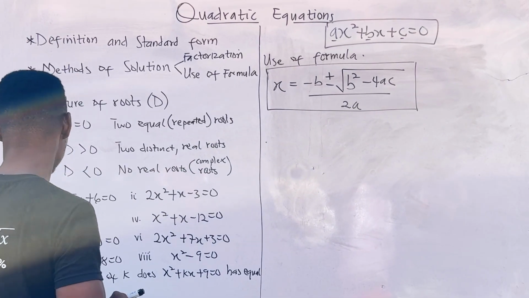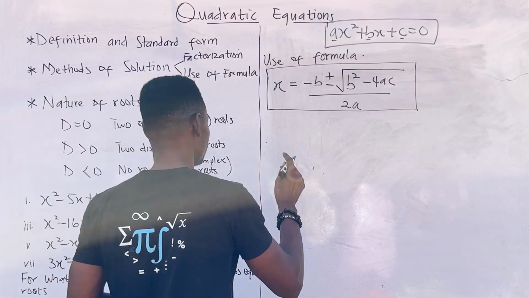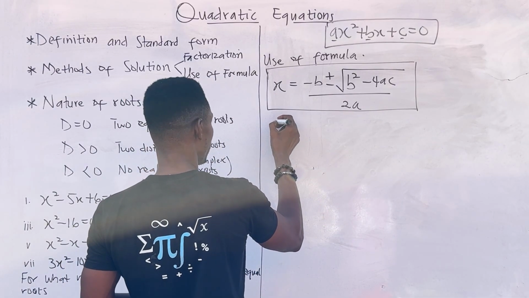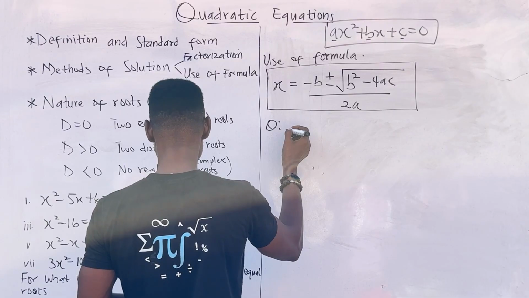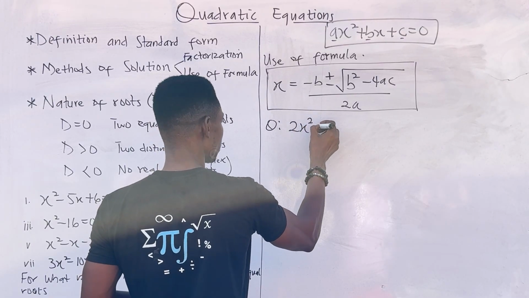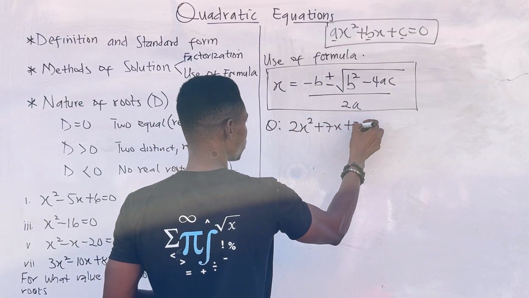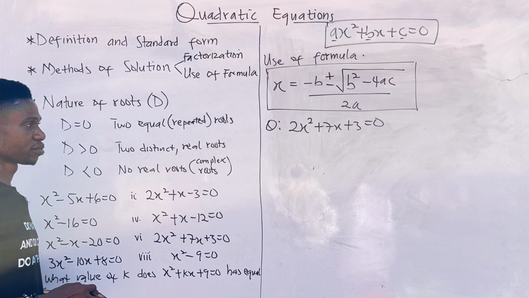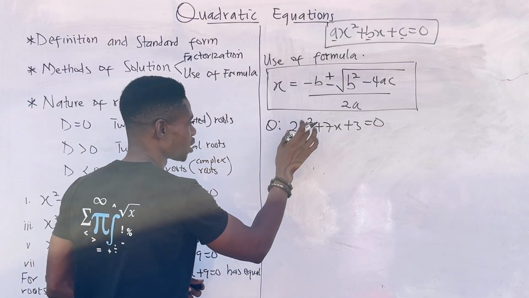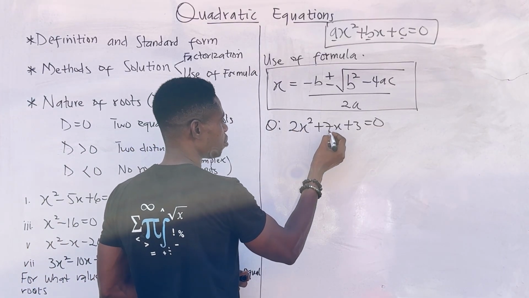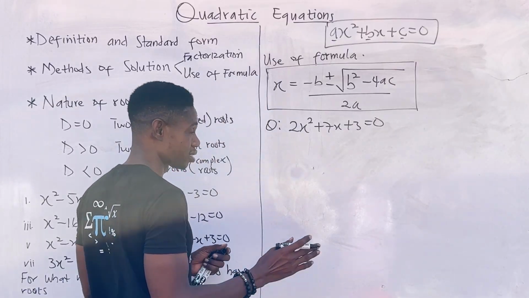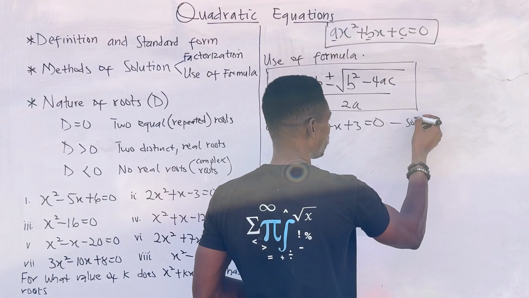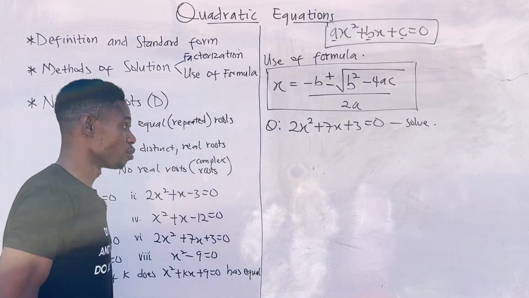So let me pick an example and we solve. Let's solve this one. The question says 2x squared plus 7x plus 3 equal to 0. So this is a quadratic equation, obviously, because we have our ax squared plus bx plus c equal to 0. So this is a standard quadratic equation. Let's solve this using the formula.